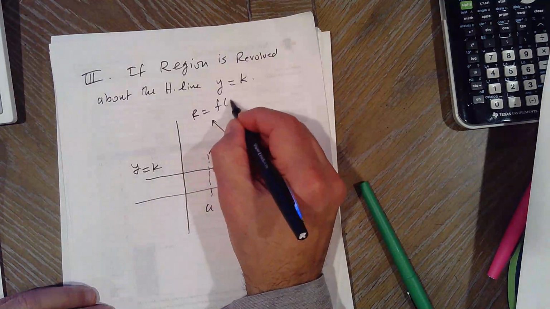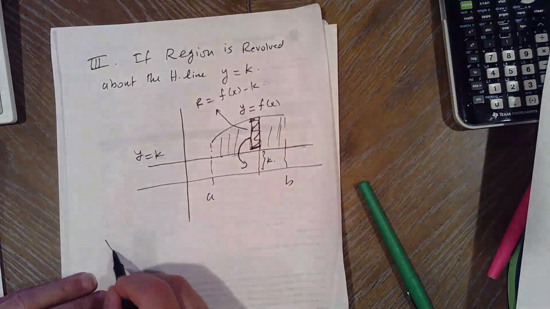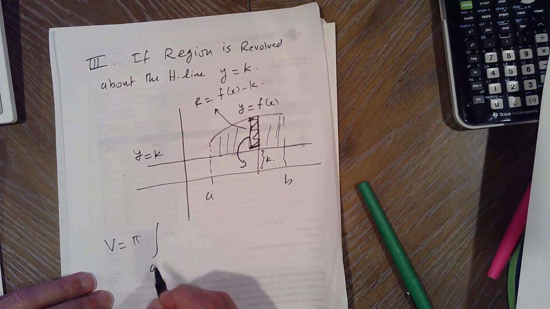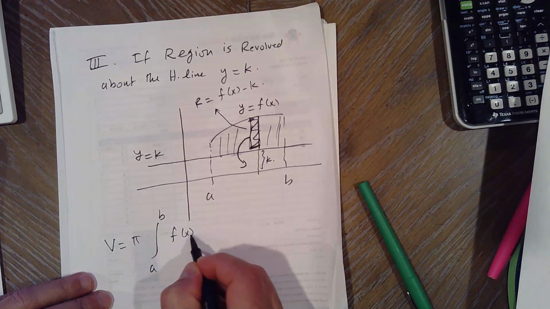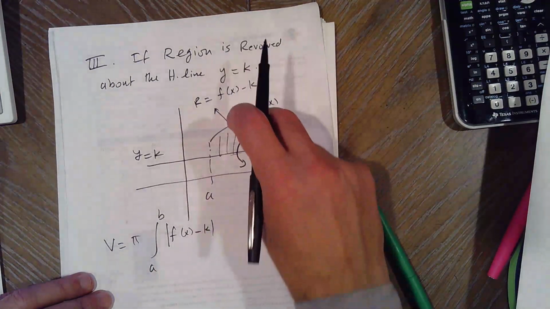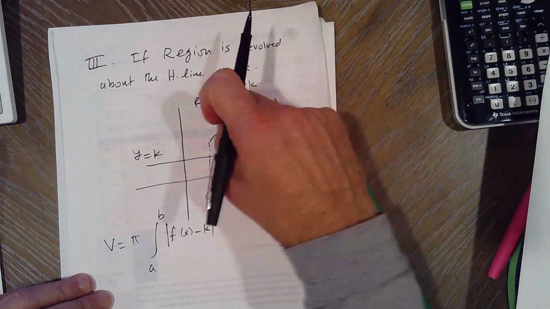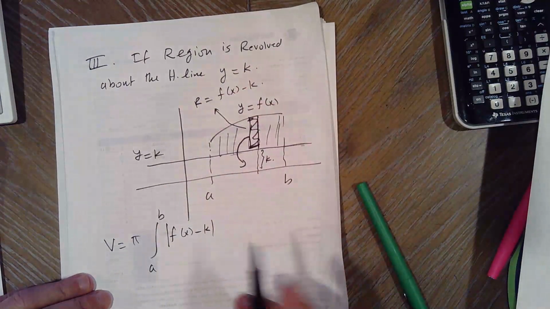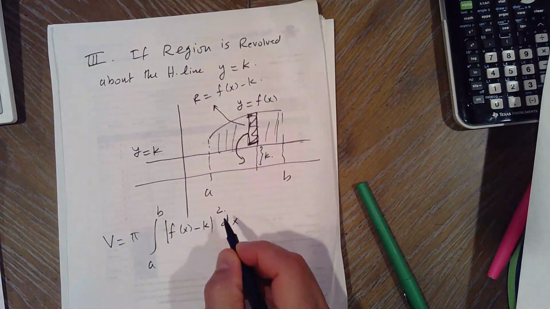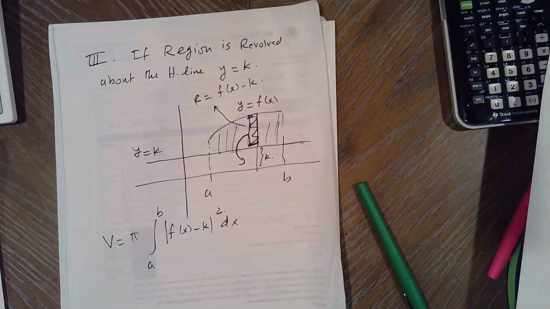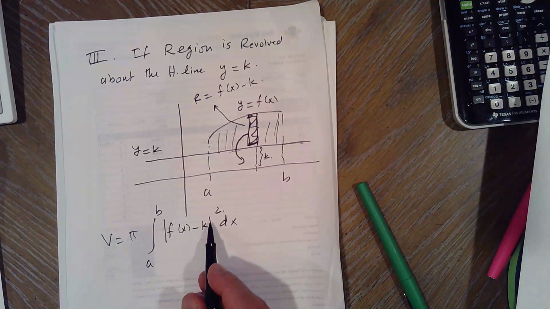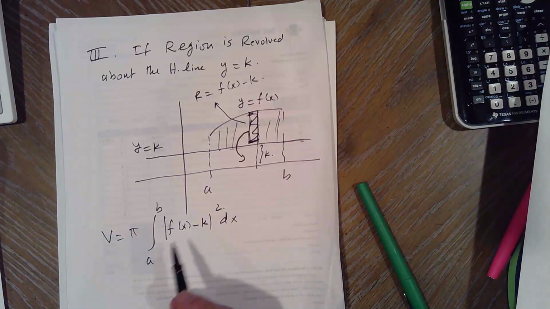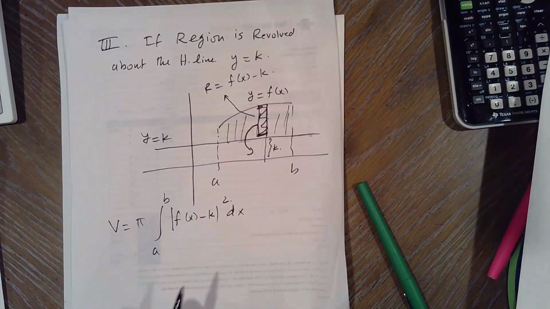So r is f of x minus k, so the volume would be pi integral from a to b of f of x minus k, in absolute value, squared dx. It's not going to matter because you're squaring it, but the radius is an absolute value.